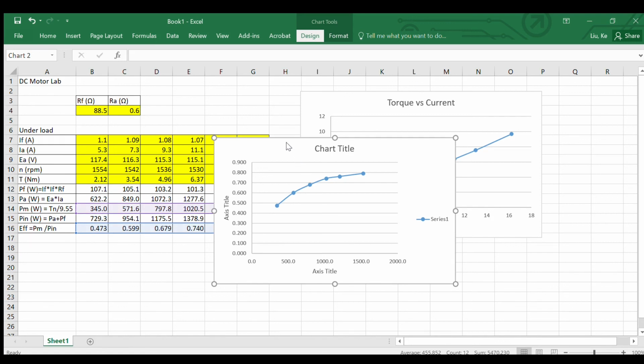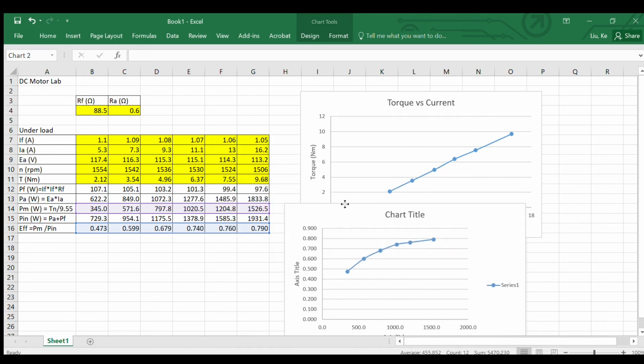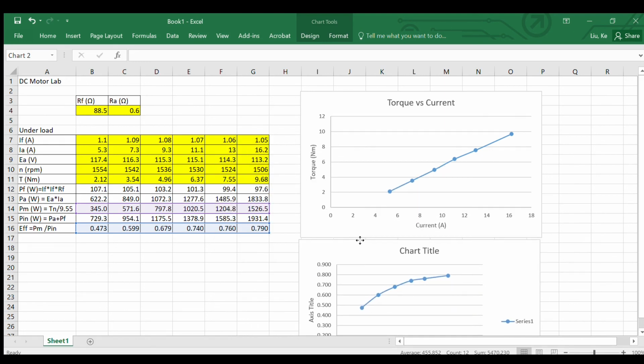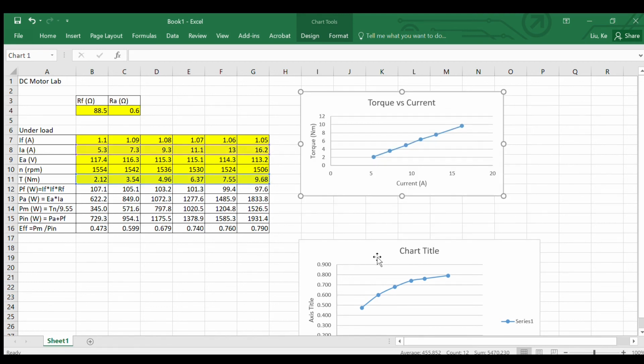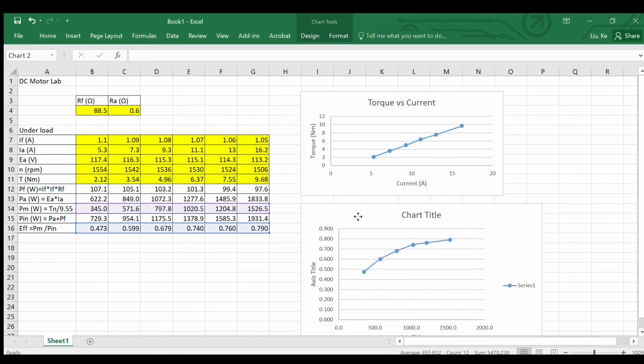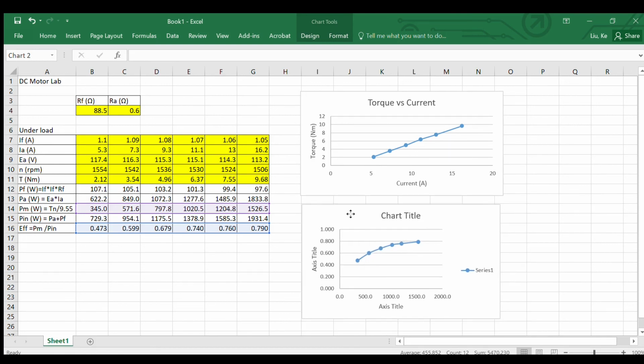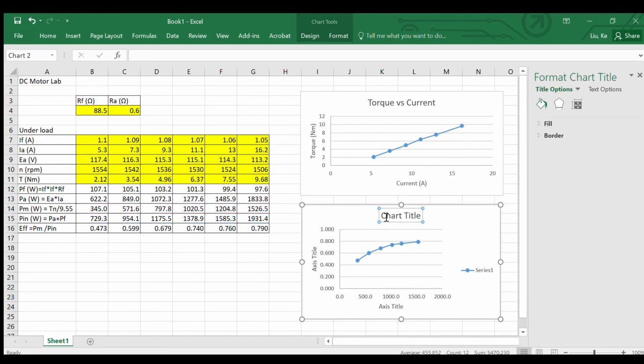Otherwise, it's meaningless. So, okay, the title for our curve here, we can change the size, scale up, scale down the size of it. So we put it inside the page, okay. All right, and now we can change the title of the chart. So now here it is the efficiency versus power, right? And again, remember the convention.